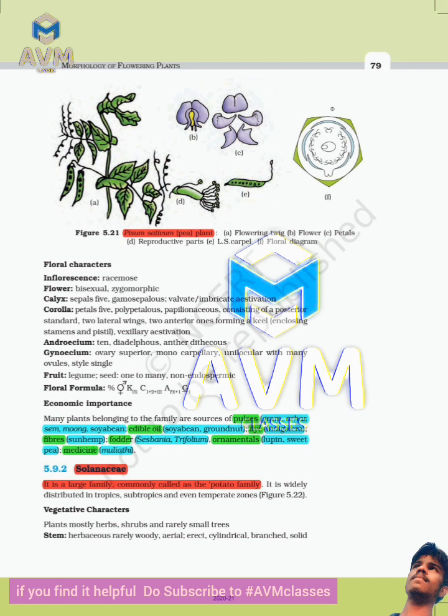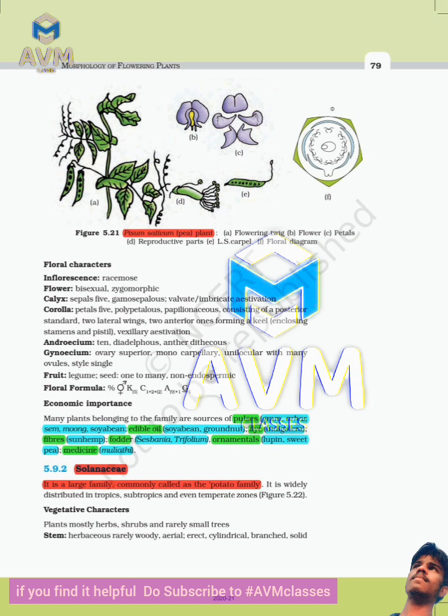Androecium, 10, diadelphous, anther dithecous. Gynoecium, ovary superior, monocarpellary, unilocular with many ovules, style single. Fruit, legume, seed one to many, non-endospermic.